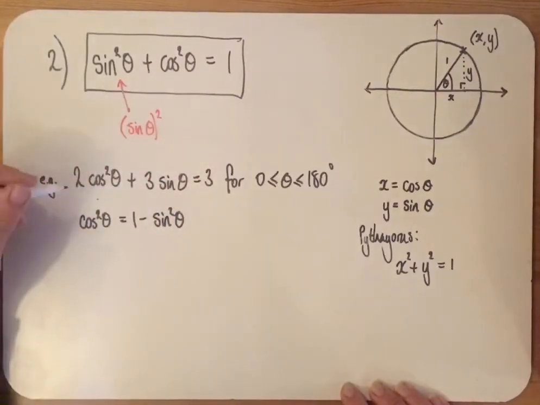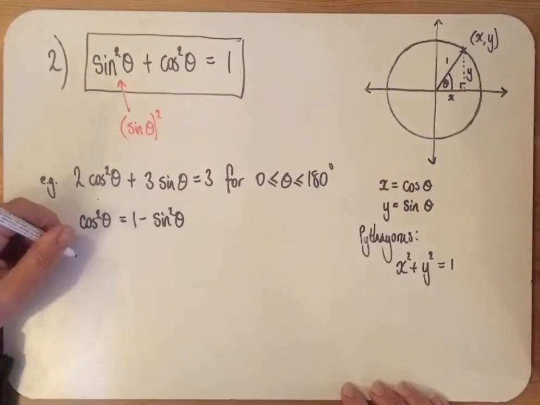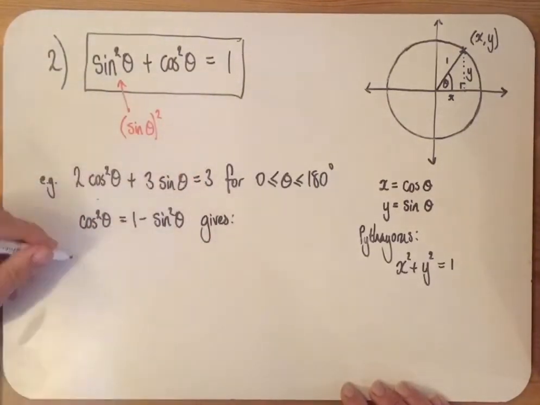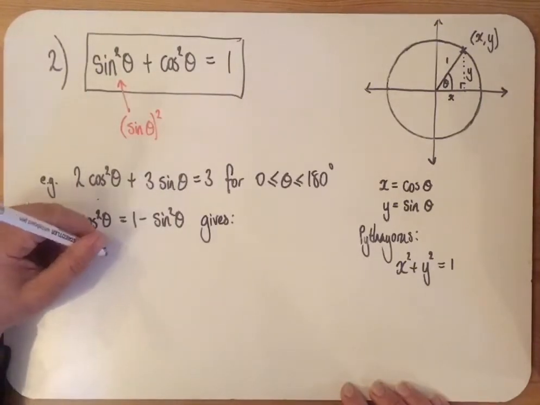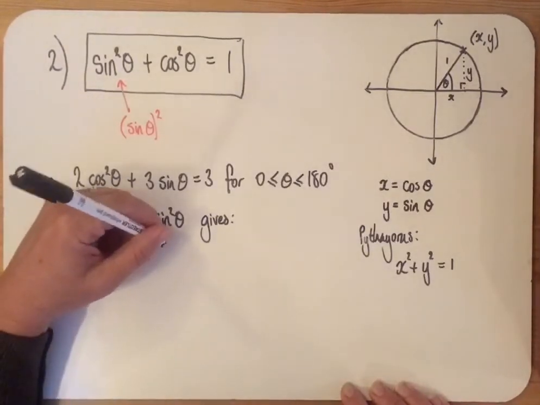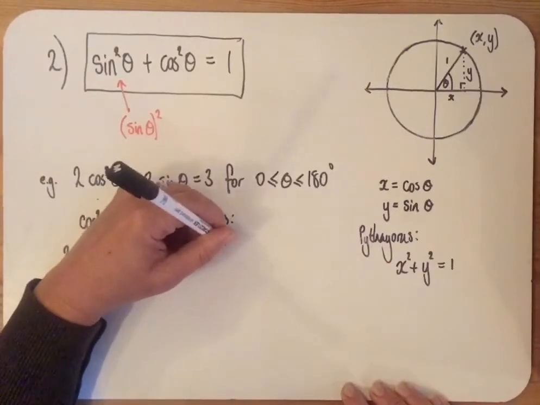And then you can substitute this into here. So 2 lots of 1 minus sine squared plus 3 sine is equal to 3.